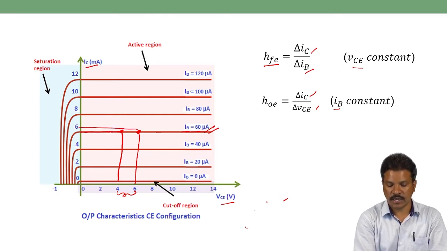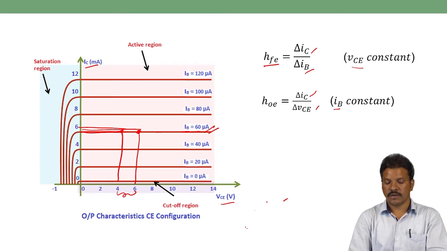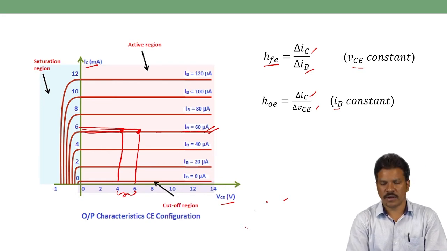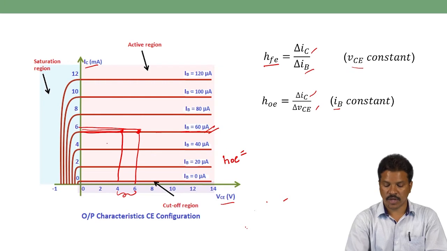It is actually a small variation, so the slope is very small. So that's why you will get HOE is equal to change in IC over change in VCE, which at 60 microampere is 6 minus 5.8 divided by 6 minus 4 volts.